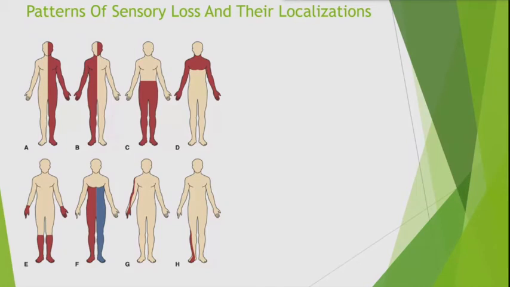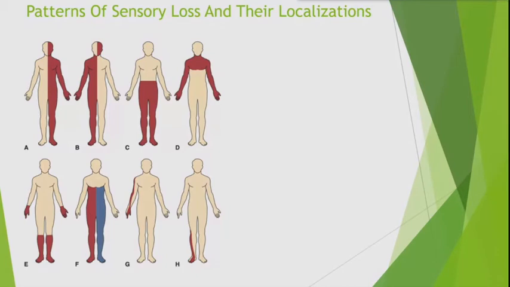Upper limb, it is C5 and... See, in the sensory system examination, you must learn basically the dermatome pattern. Dermatome you must know. This thumb and the index finger is C6. C6. So you have to learn again.